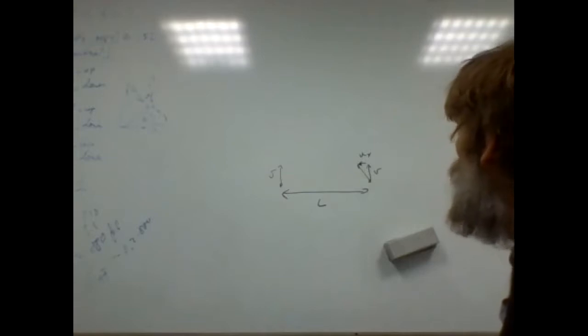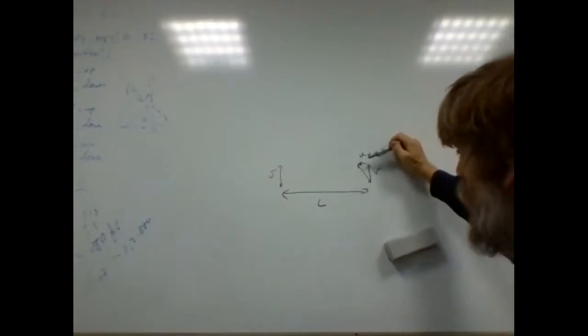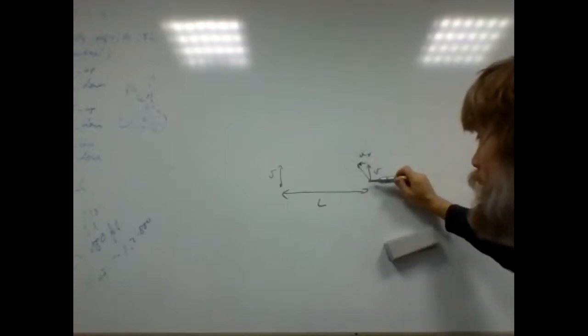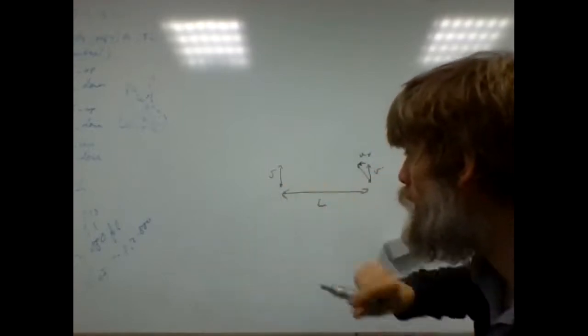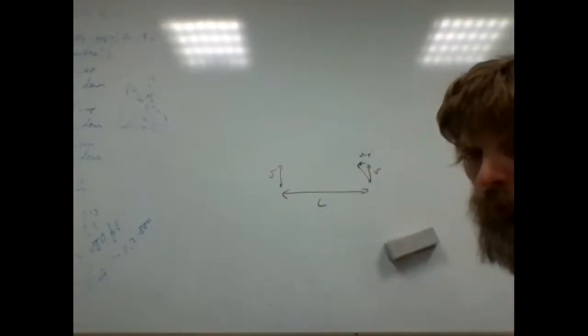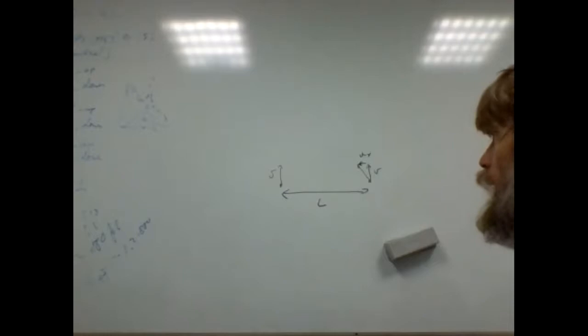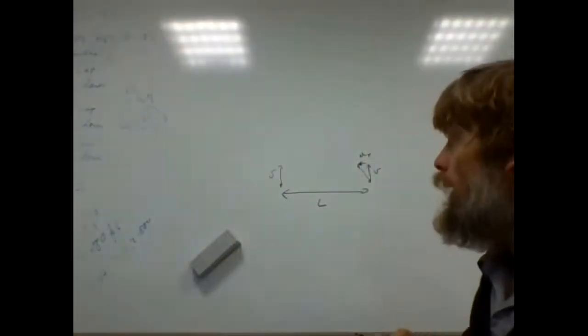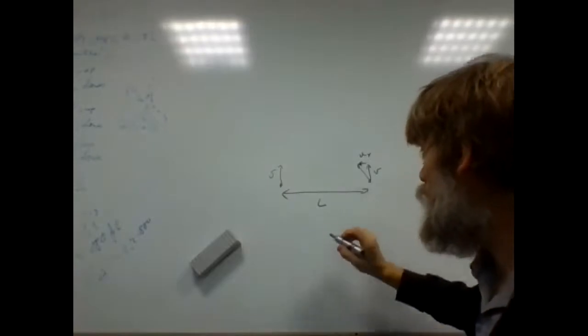Now, it needs to have a big enough horizontal component that it will manage to collide with this before it falls below the ground, before it returns back to the ground. And now we just need to compare the time during which it is in the air.